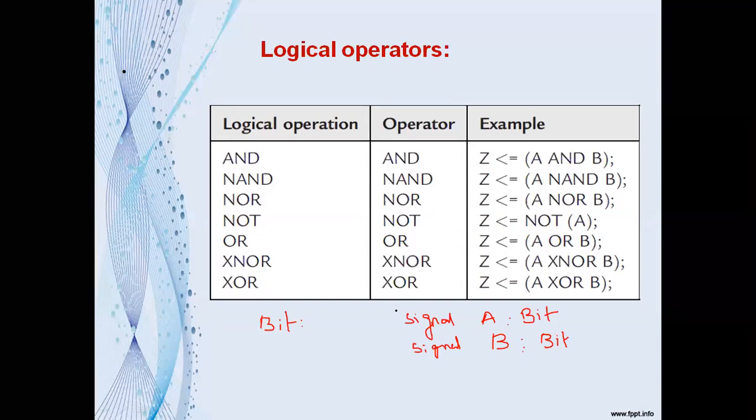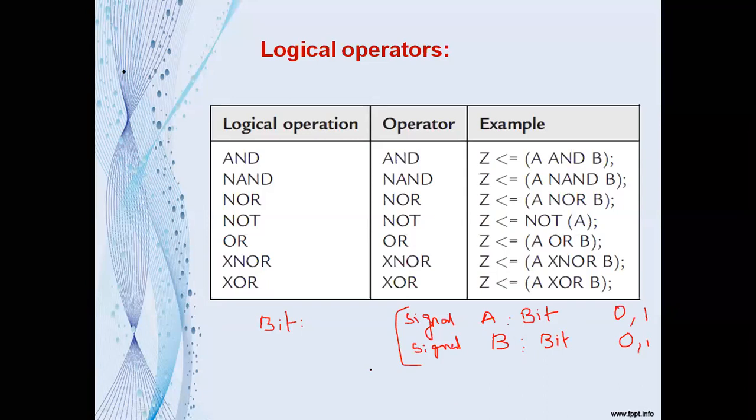Now we have declared two signals, A and B, of bit type. Which means the value of A can be either 1 or 0, and similarly the value of B is also either 0 or 1. Only two possible values; you cannot have more than that.